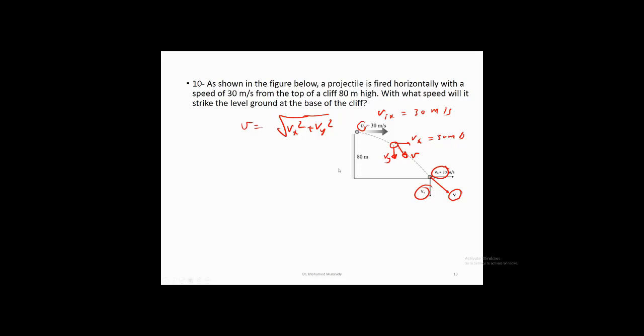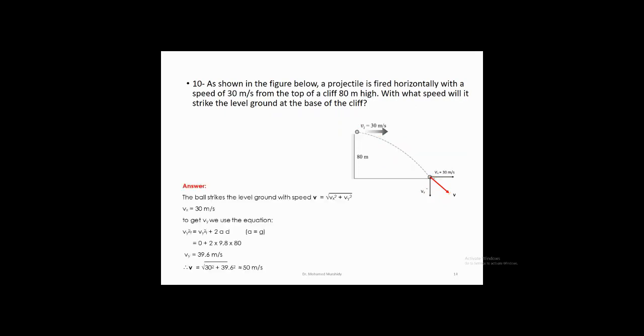The answer is so simple. To get Vy, we have Viy again is 0. The initial speed in the y direction at the beginning is 0. And then it will start to increase until it reaches this point. Vy final squared equals Viy squared plus 2AD.